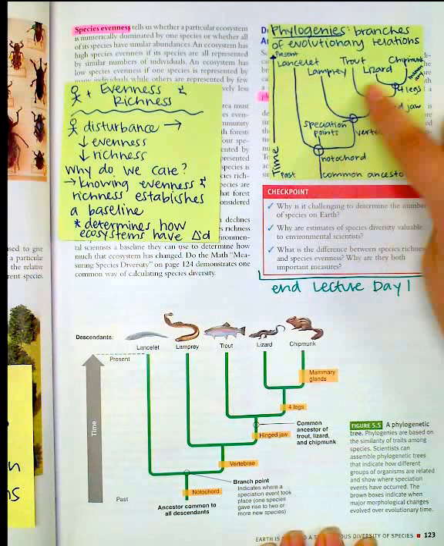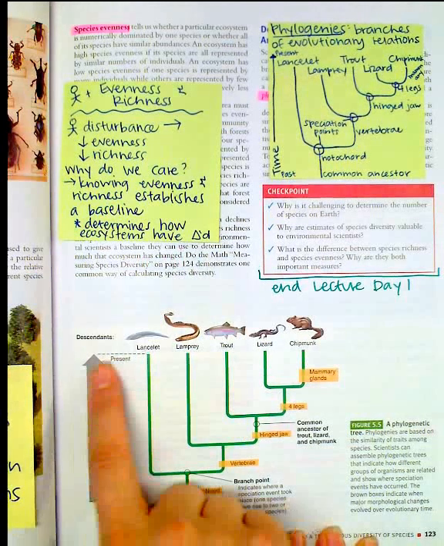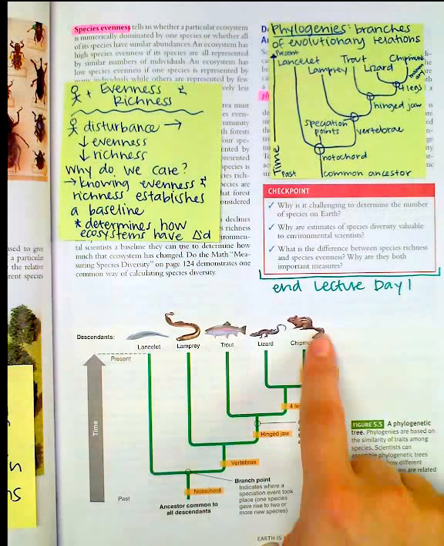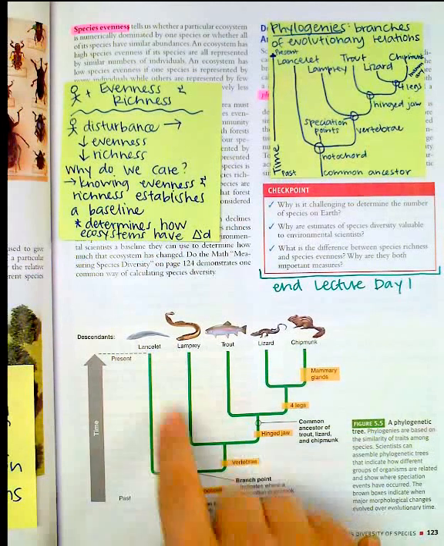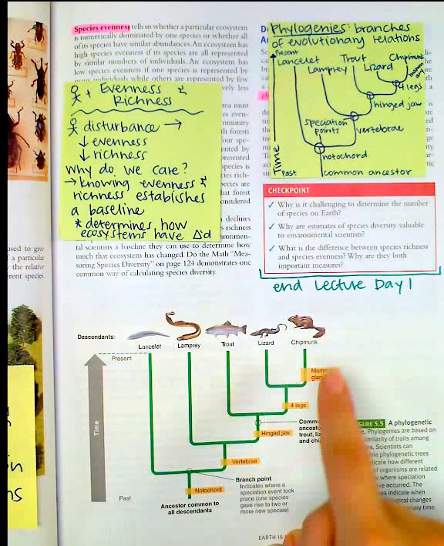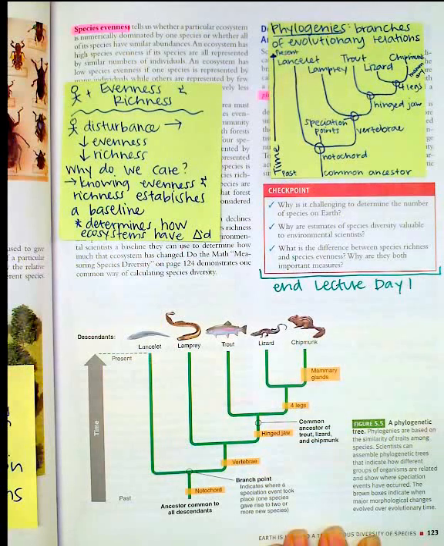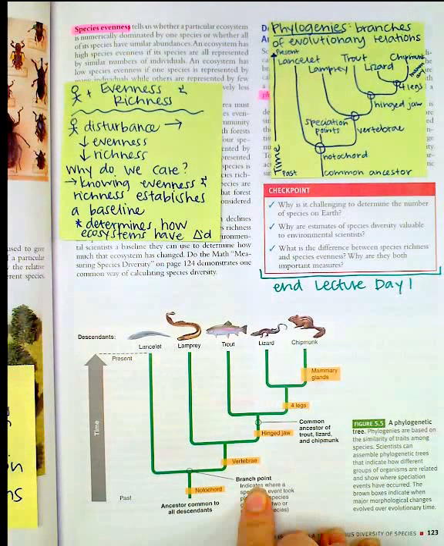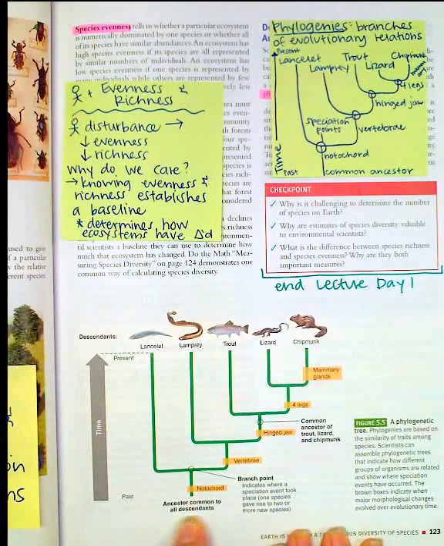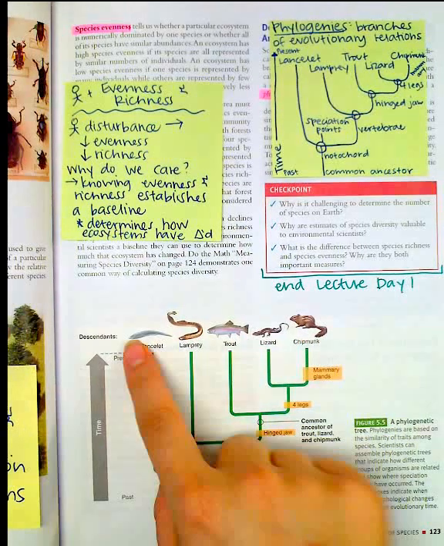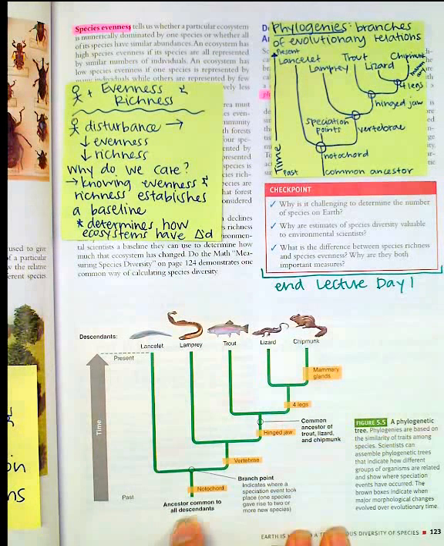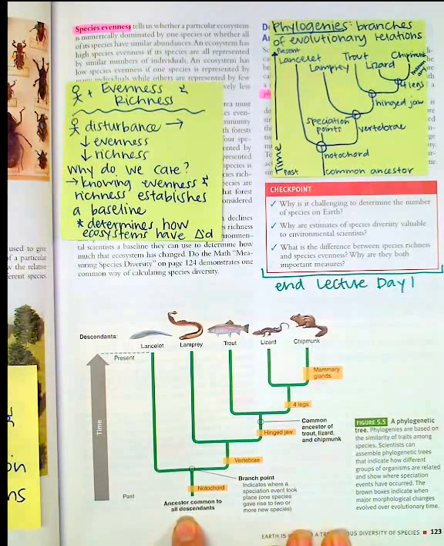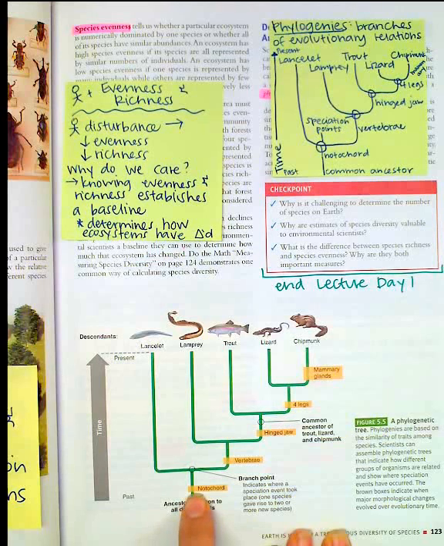species have in common. Okay, so right now we're at the present. We have these 1, 2, 3, 4, 5 different species here in the present. We have the lancelet, the lamprey, the trout, lizard, and chipmunk. All right, and so then what is happening at all of these branch points are that if we go back in time to this common ancestor to all descendants, so the common ancestor among all of these species way back when, okay, so the ancestor had this thing called a notochord, and it's kind of a precursor to like a spine.